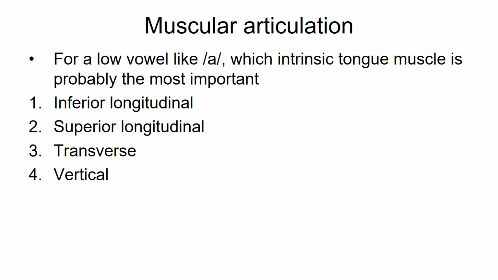Superior longitudinal and transverse would both help elevate other parts of the tongue. Inferior longitudinal would at least pull down on the tongue tip, so that would help a little bit, but for something where the entire tongue body is going to be lowered, like an ah vowel, vertical tongue muscles are your best answer.